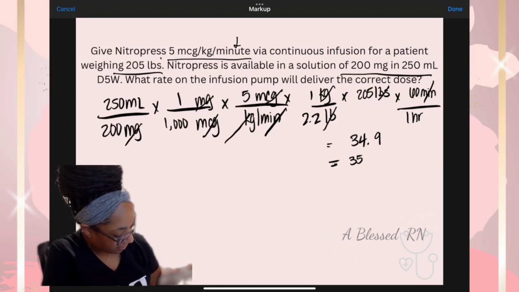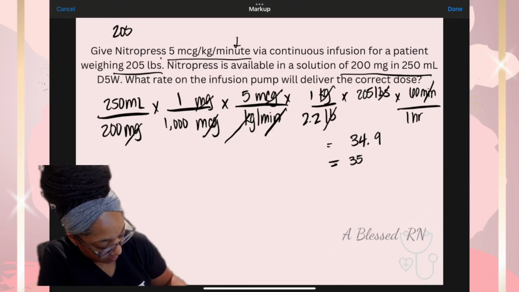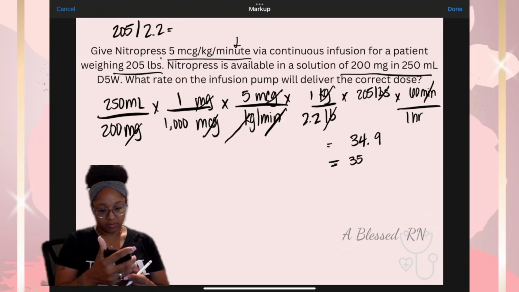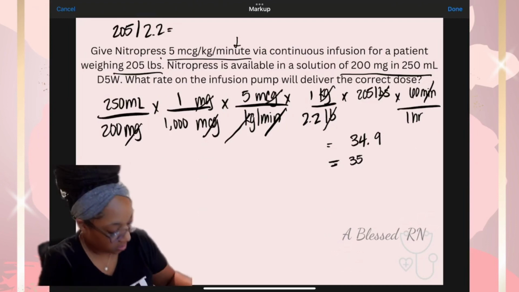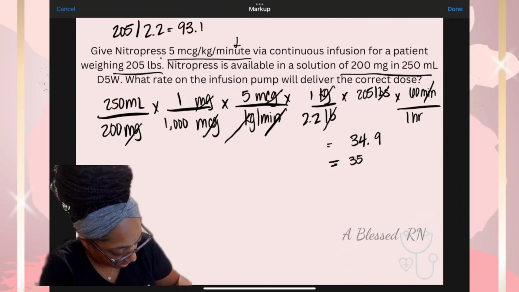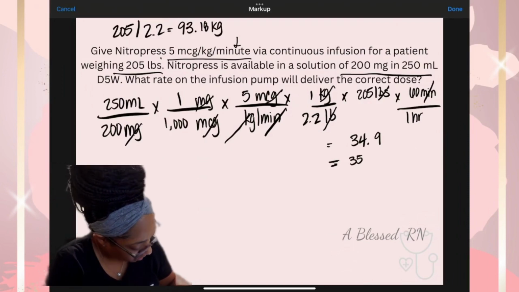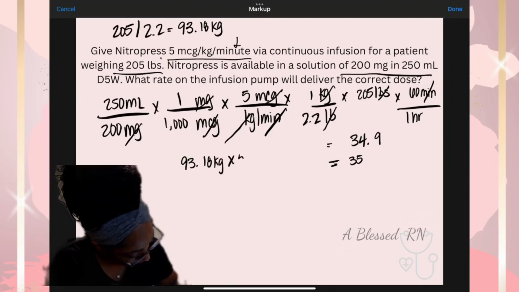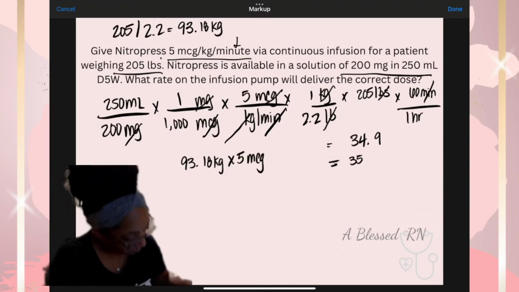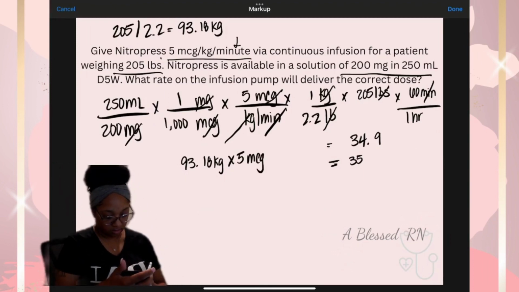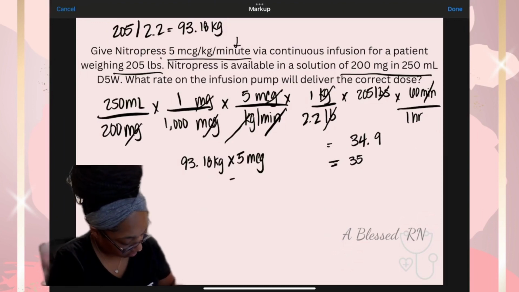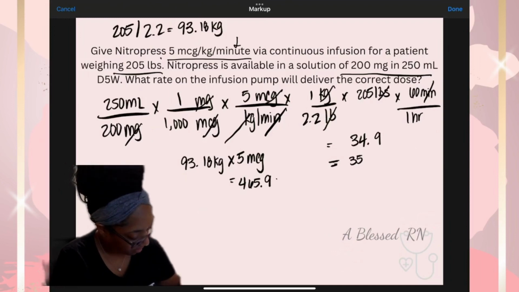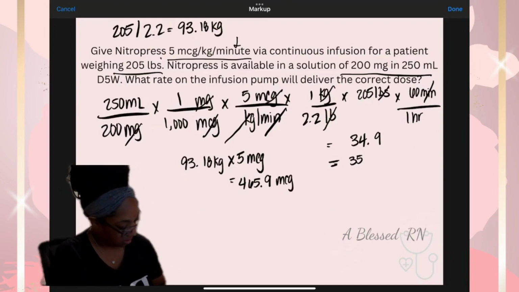So we will break down our pounds to kilograms by dividing by 2.2. So 205 divided by 2.2 is 93.18 kilograms. So let's do 93.18 kilograms times 5 micrograms and that is 465.9 micrograms a minute, right?